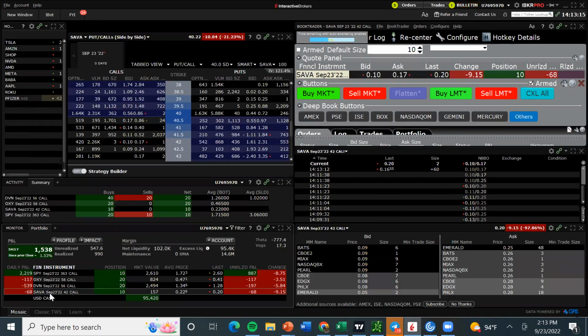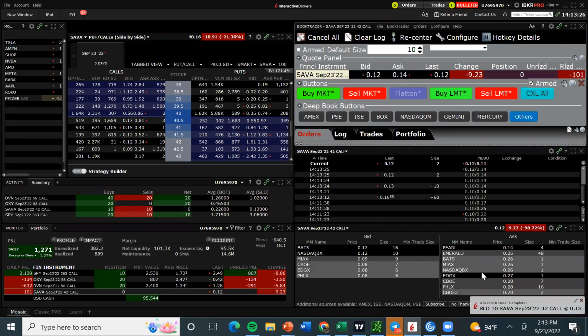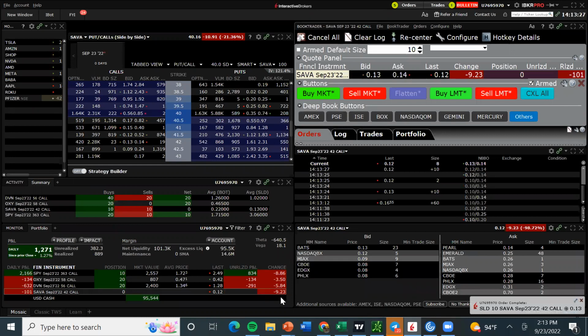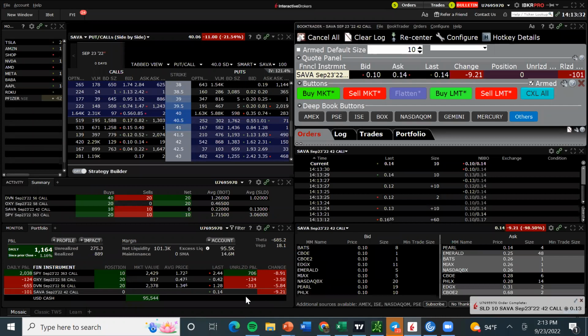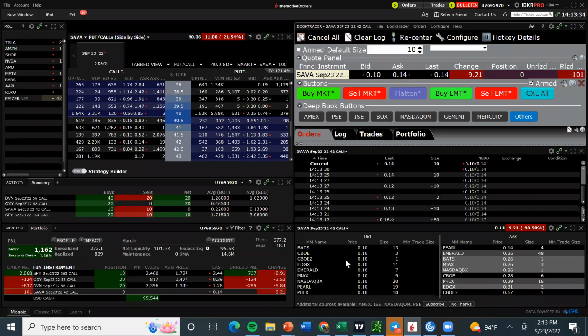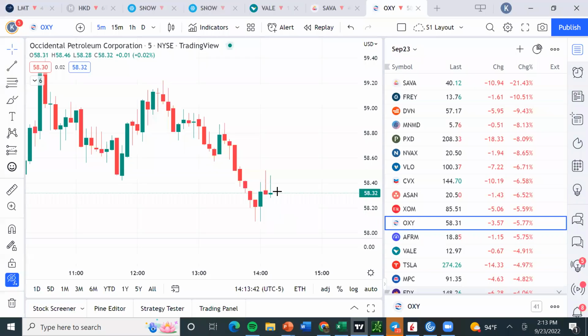If it doesn't go to 42, or if it takes time, we may lose it. So let me just close this Sava call with a small loss, because 40 call is ideal, but I see that the stock is coming down. So I closed it. And Oxy is still trying to go up.